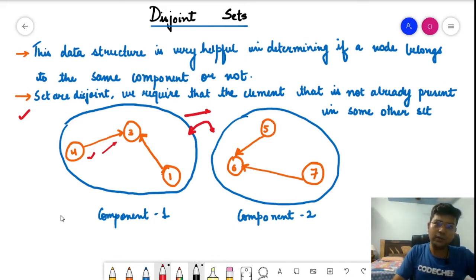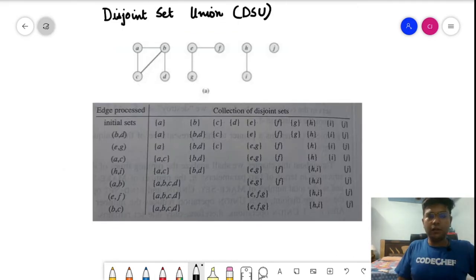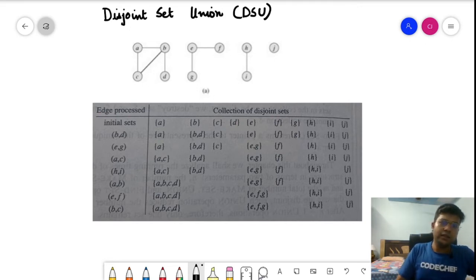Now let us try to understand what DSU, disjoint set union, is with the help of an example, and clear things up. Okay guys, let us begin with understanding disjoint sets. If we want to know the connected components inside a graph, first we will consider all the nodes as isolated.